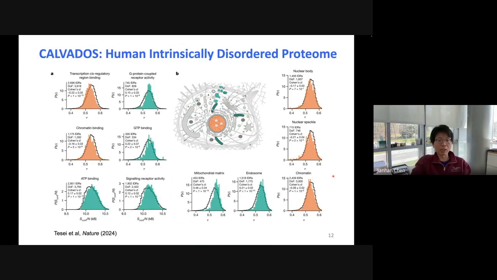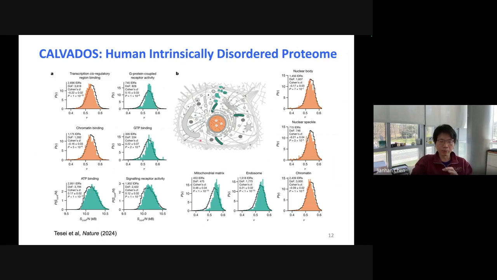And this actually allowed Christian to look at the conformational properties of all the disordered proteins in our human proteome, right? The work was recently published in Nature. I'm not going to get into details, but the point is that the design model is really simple, but can be really powerful because it's really efficient and allows you to look at the whole picture.